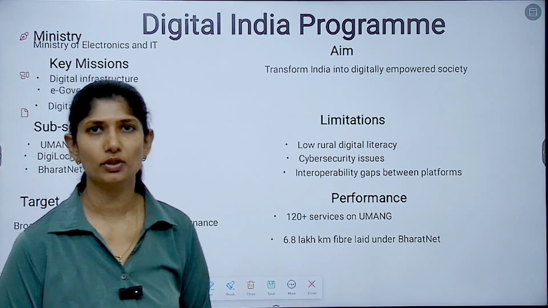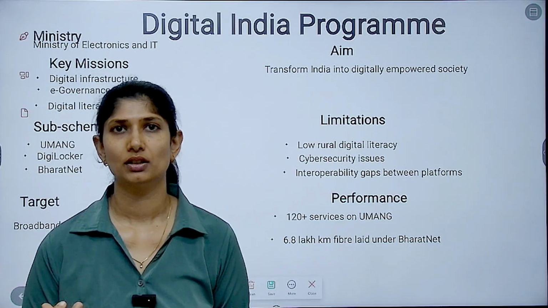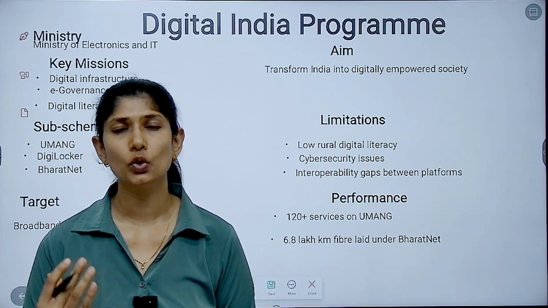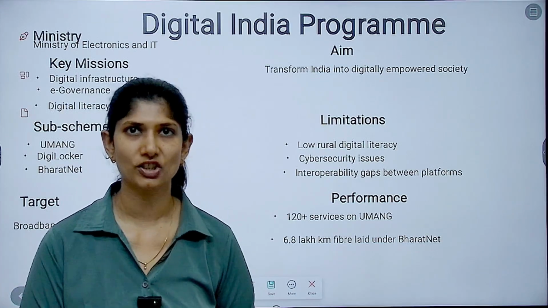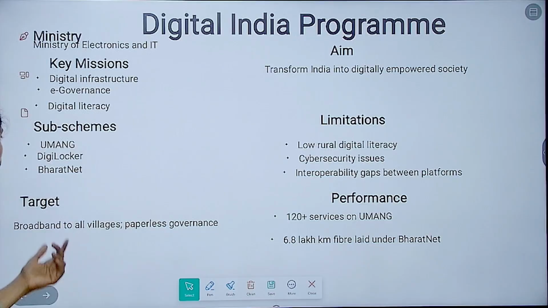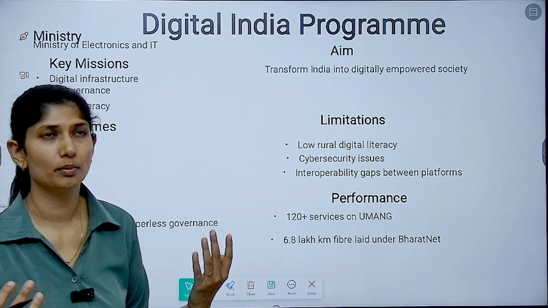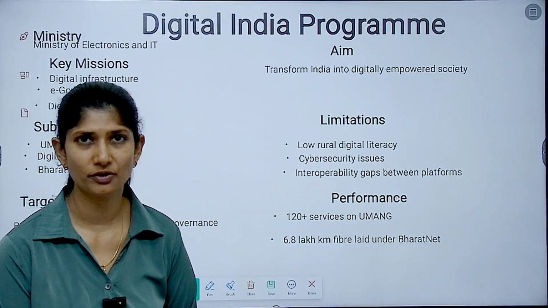Next is your Digital India program. It is an umbrella program. It is to bring about a national drive in trying to move towards digitization and give digital literacy. The sub schemes, if you see under this, are your Umang, DigiLocker, BharatNet, which is trying to provide broadband for your internet connectivity.